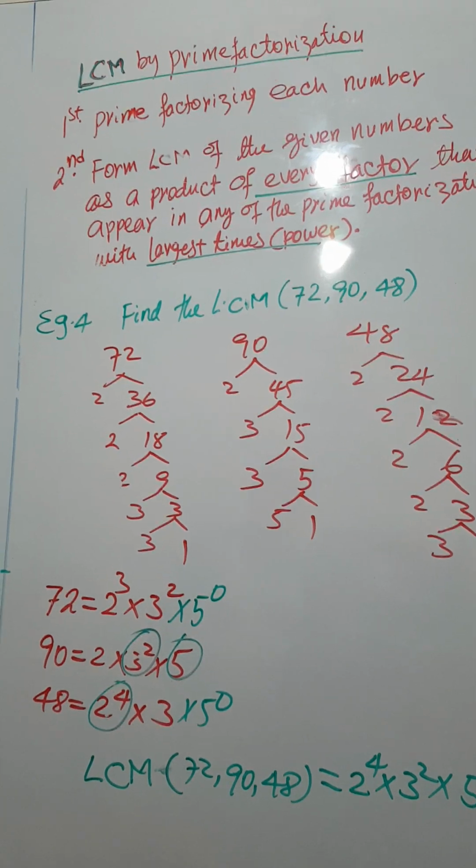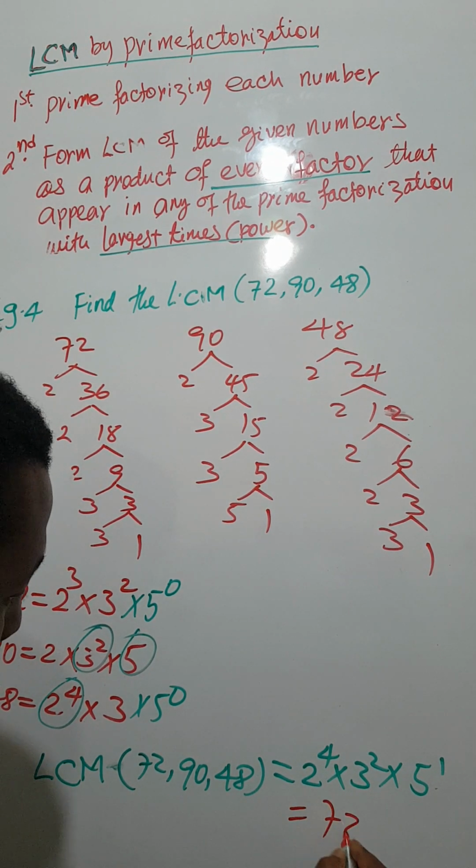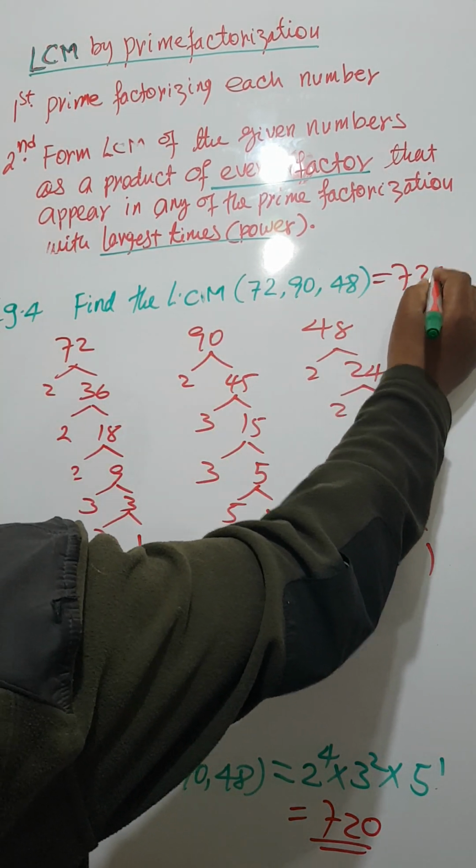So this is simply 16 times 9 times 5. This is 720. So the LCM of these numbers is 720.